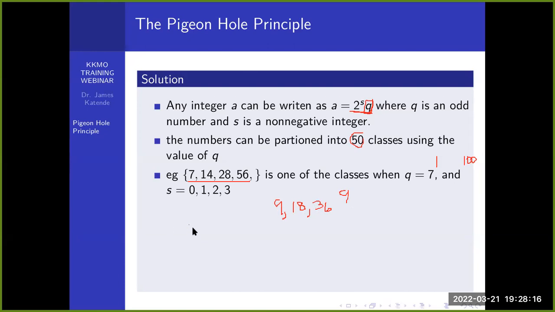For the odd numbers more than 50, we'll just have one element in the class, because if you multiply them by 2, you get more than 100. But you end up with 50 of these classes containing all the numbers that are written in this form and containing all the numbers from 1 to 100.